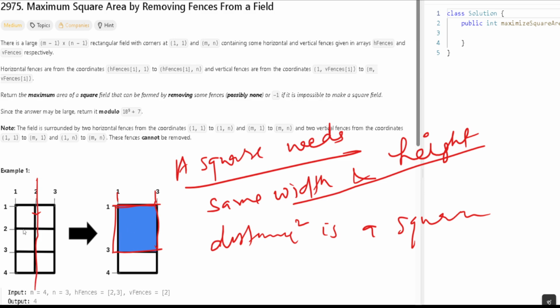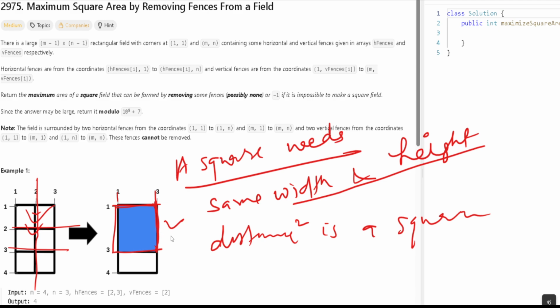The horizontal fences that we have been given split the height of this square. So we can remove these fences, and then we have to merge the segments that we saw yesterday. Because after removing the fences, the square will be formed, similar to this.